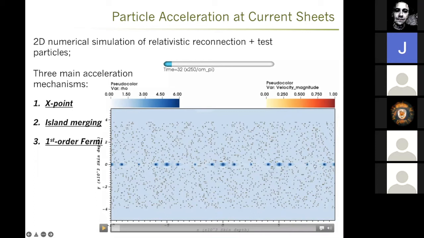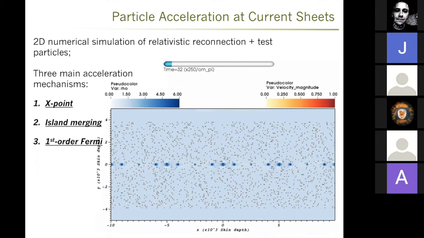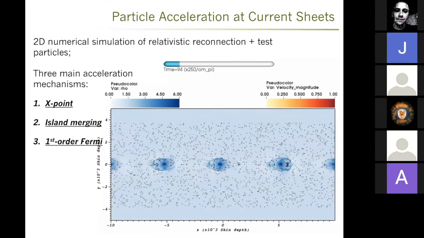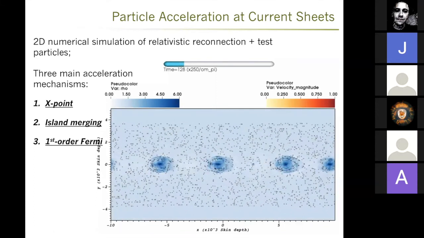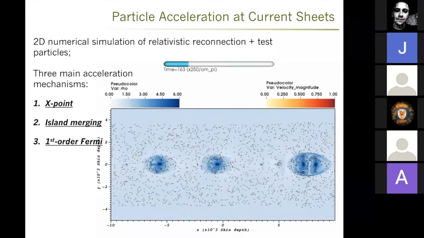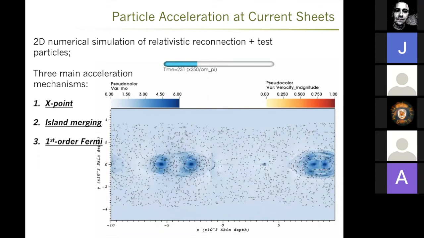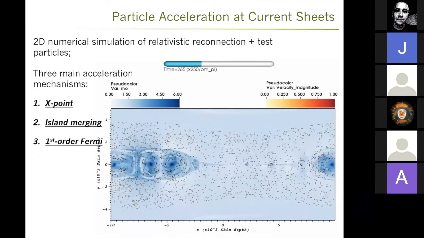This is a typical process occurring in reconnection due to an instability called the tearing mode instability, which allows magnetic field lines to quickly break and then rejoin by forming these O and X points. What you see in dark blue are the O points. As you see, particles are gradually being trapped inside the island, and once they do that, they start gaining energy also because of the first order mechanism, because at this point they start bouncing back and forth in the island, but they are trapped there.